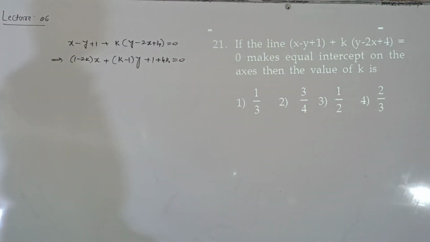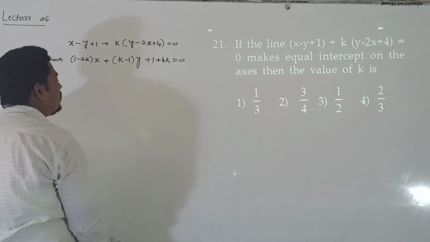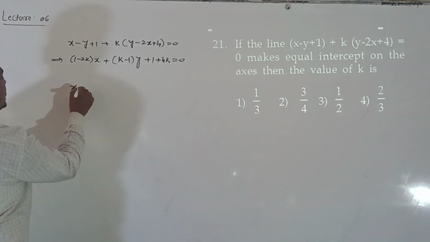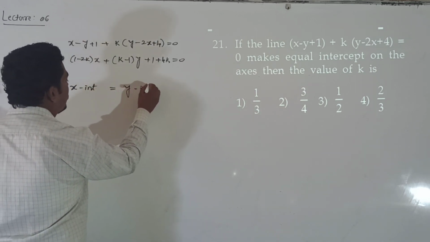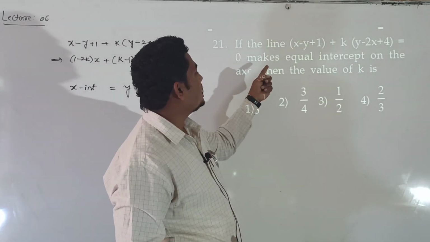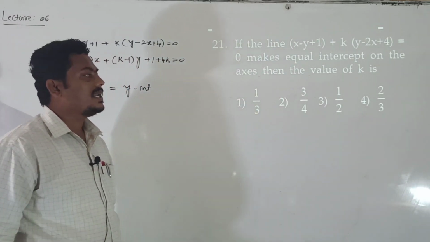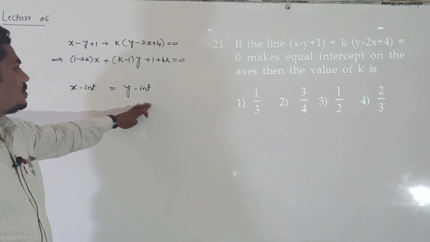After rearranging, it is in the ax plus by plus c equal to 0 form. What they have given is that the x intercept of the given line is equal to the y intercept. Equal intercepts means x intercept equal to y intercept.